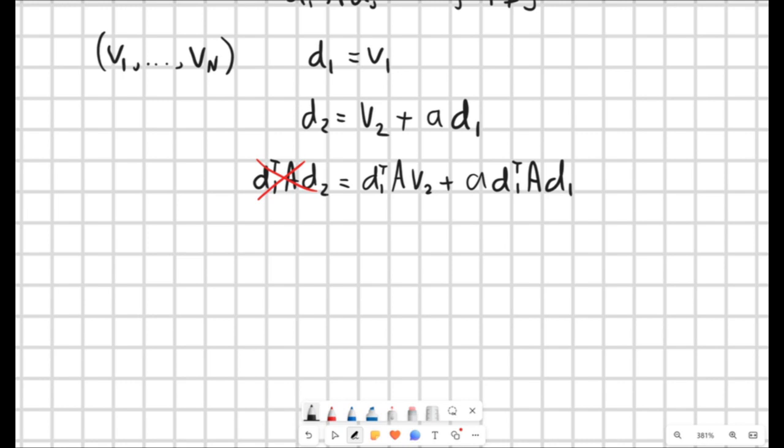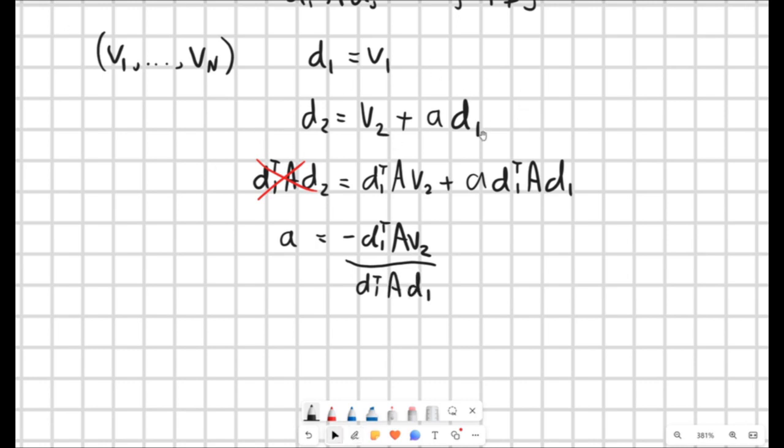And then we solve for the constant. Solving, we see that it is equal to minus D1 transposed A V2 divided by D1 transposed A D1.